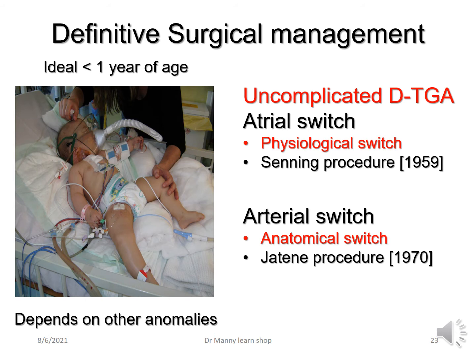You also have the arterial switch, which is also known as the anatomical switch or the Jatene procedure, which was done in 1970. However, it depends on other anomalies, because there are other procedures that can be done as well, which could be the ventricular switch, which was performed by Rastelli in 1964. But it depends on the other associated anomalies.